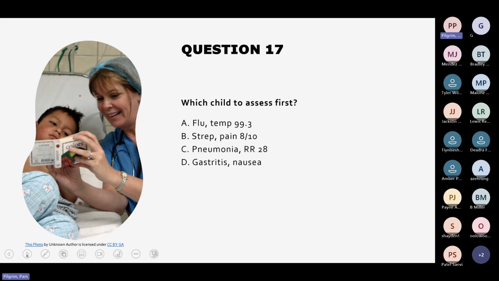The answer is C, pneumonia, the respiratory rate of 28. That is high. Whenever you have somebody with a breathing problem, that is always the priority. There are 100 questions on the final.